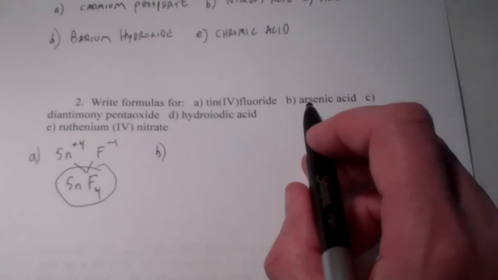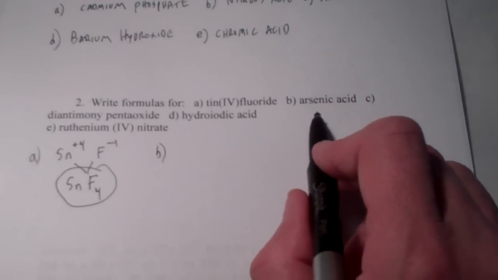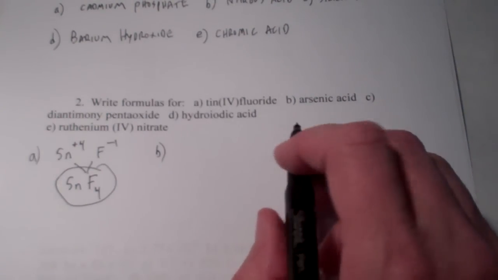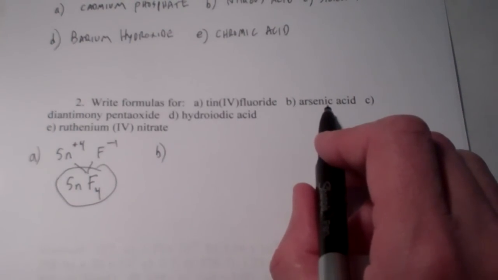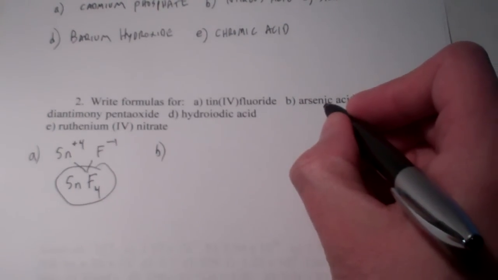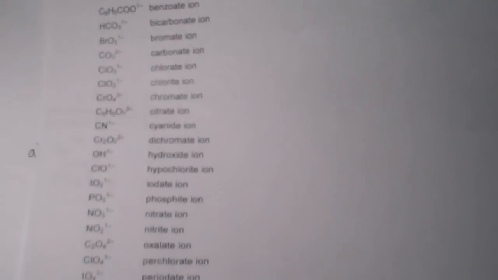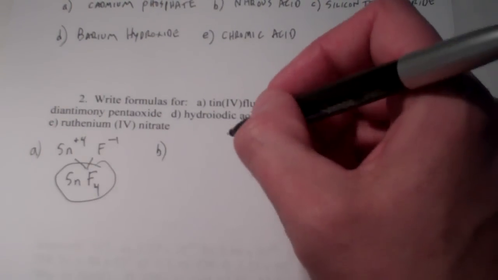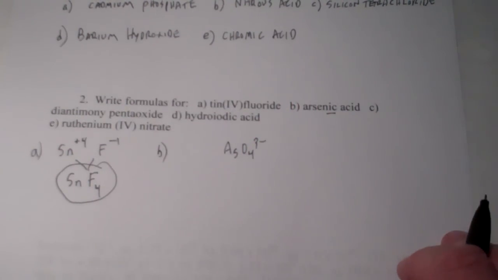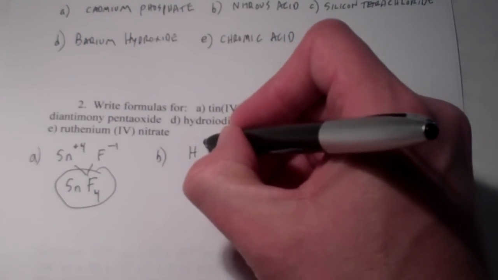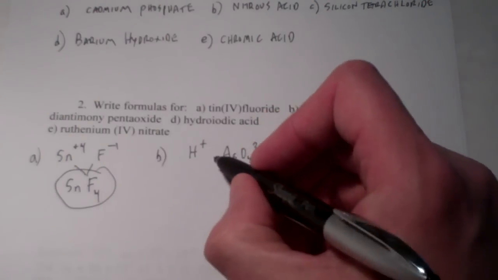B, arsenic acid. This is an oxyacid. It does not start with hydro, so it must mean it comes from a polyatomic ion. Arsenic acid comes from arsenate. So arsenate is AsO4 3 negative, and hydrogen is acting like a metal with a positive 1 charge.